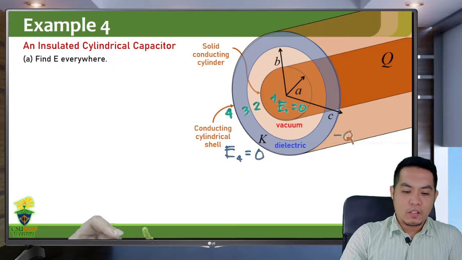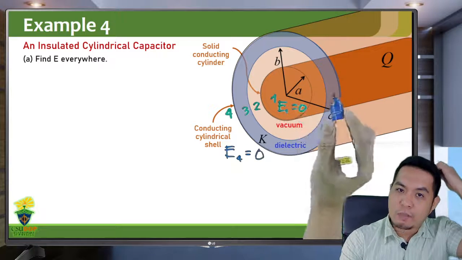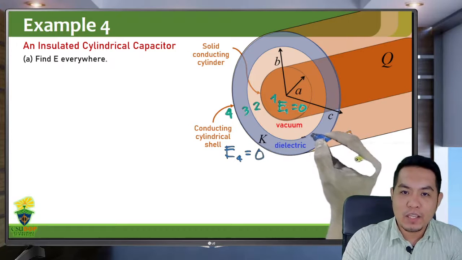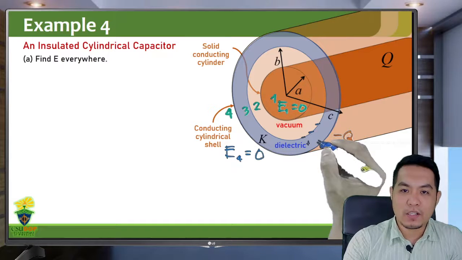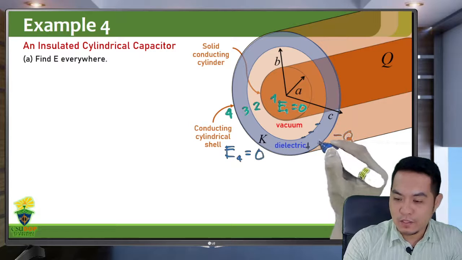So what will happen now in this scenario? Assuming Q is positive, there will be negative charges at the inner surface of our dielectric, and positive charges at the outer surface of our dielectric.